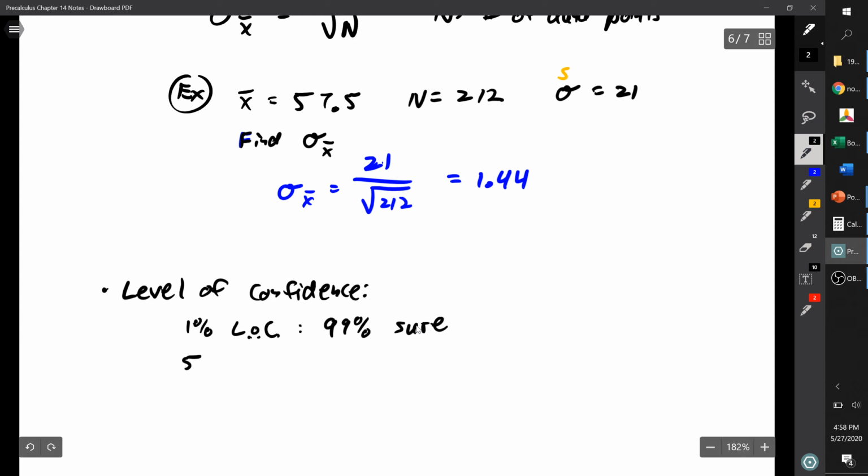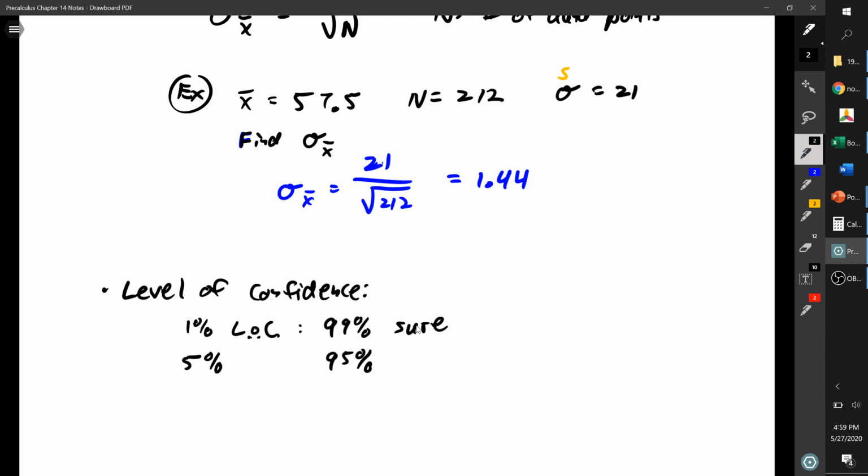A 5% level of confidence is we're 95% sure. The 5% level of confidence seems to be the most commonly used level of confidence in statistics. But depending on what you're doing, whoever is hiring the statistician might want a 99% level of confidence. So this kind of thing can look like this.